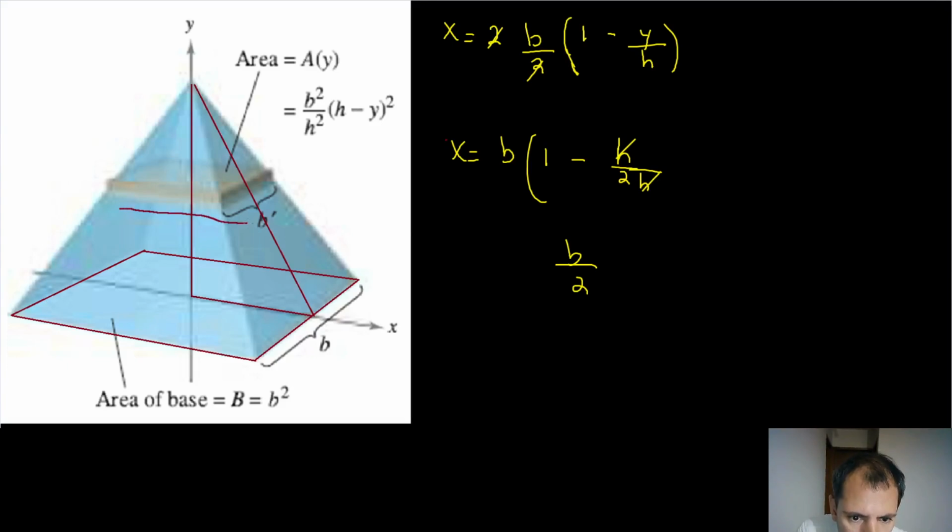And what is the value of x? The value of x is the side of the square, because then we're going to be able to calculate the area of that square. It'll be the value of x times the value of x, right?